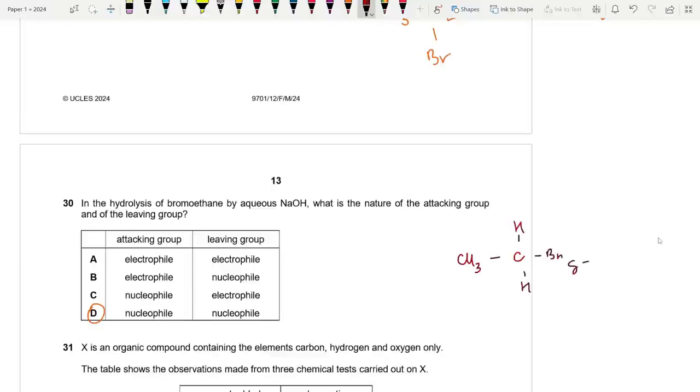So this is delta minus and this is delta plus. So this is nucleophilic substitution on a primary halogenoalkane. So the attacking group is the hydroxide, which will attack this carbon over here, and there will be heterolytic fission of this bond. Ultimately, we will get CH3CH2OH, ethanol, and the leaving group will be this bromide anion. So the attacking group is a nucleophile, and the leaving group is also a nucleophile. So that is how we get an answer of D. Alright?